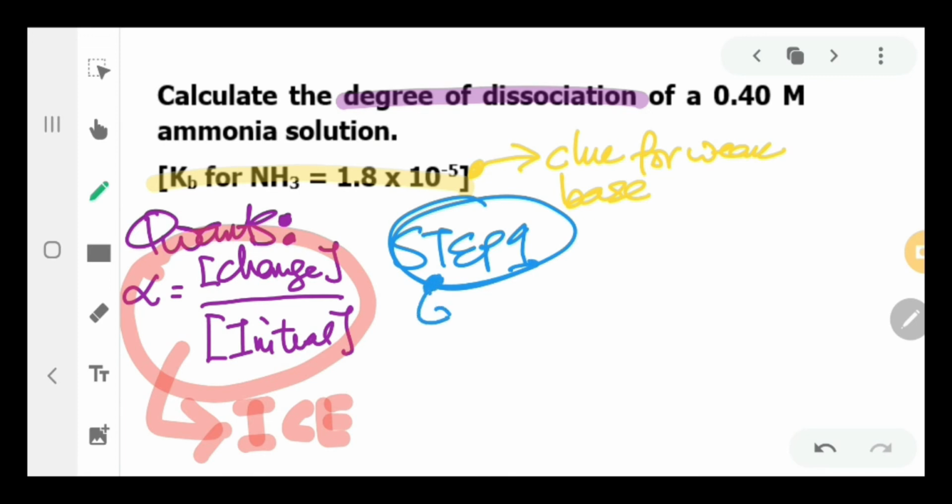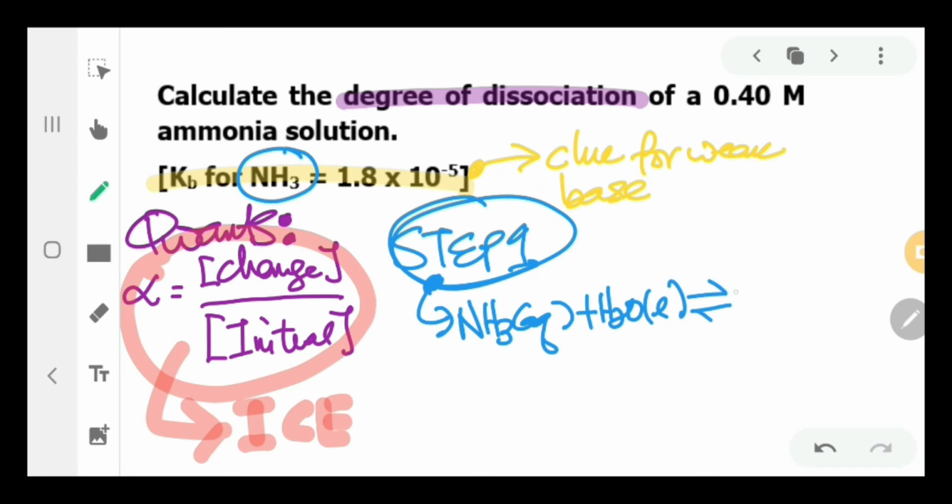Step 1, we need to write the balanced equation for ammonia dissociation. We have NH3 aqueous, and you can add water if you want, but it doesn't really matter. If you don't have water, that should be okay. Then you have NH4 plus aqueous plus OH minus aqueous. So this is the balanced equation that you need to have.